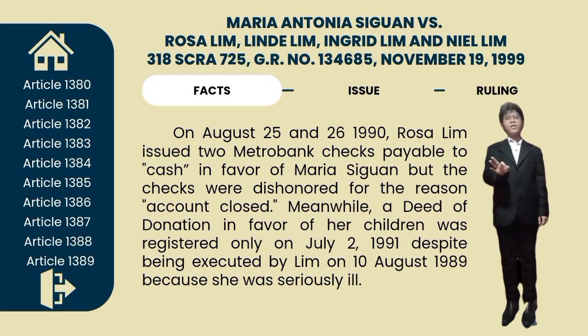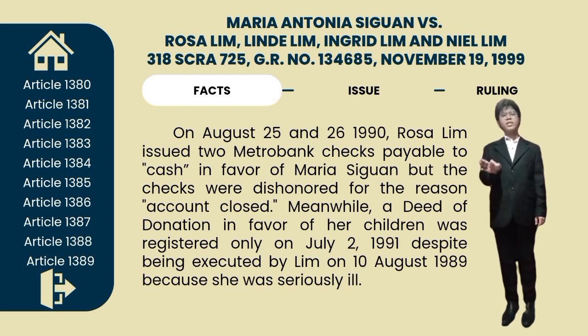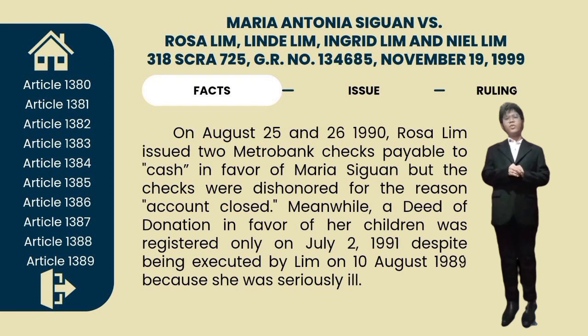Third, a parcel of land situated at Cebu City, containing an area of 368 square meters and covered by TCT number 87019. And the fourth, a parcel of land situated at Cebu City, containing an area of 511 square meters and covered by TCT number 87020. New transfer certificates of title were thereafter issued in the names of the donees.